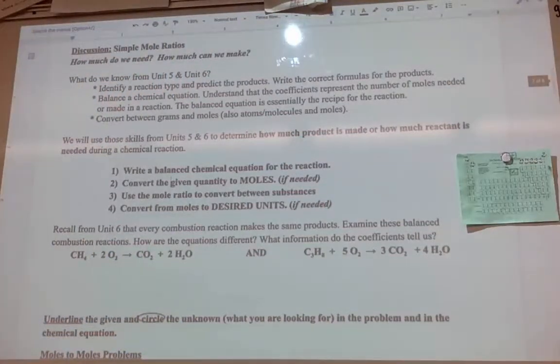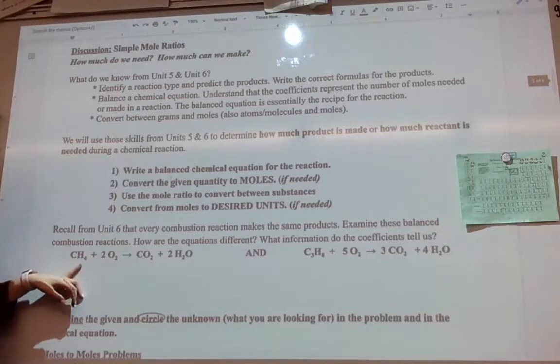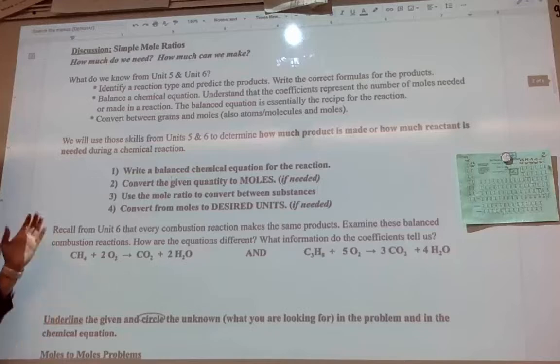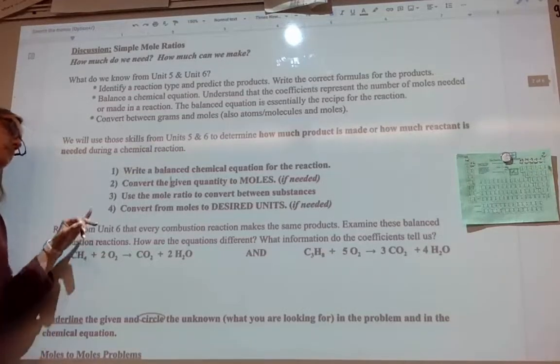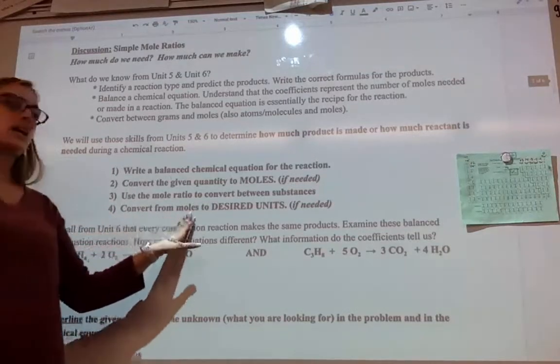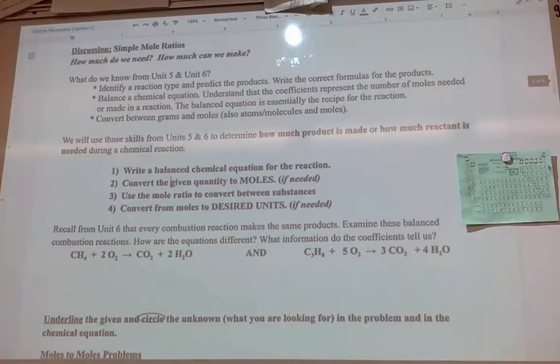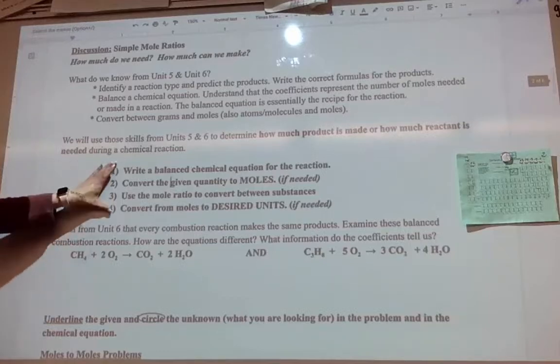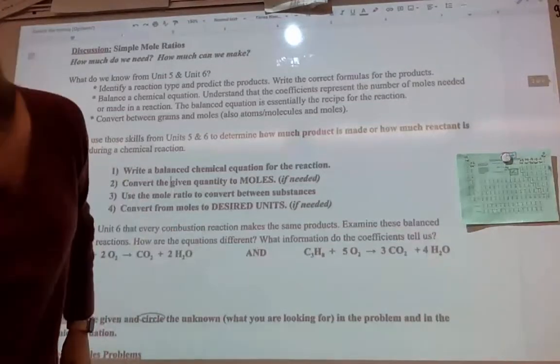Now we're looking at how we could go between substances. So if I ask you, if you burn 12 grams of methane in the lab, how much carbon dioxide are you producing? That's a stoichiometry problem. You're going from one substance to another. And then lastly, if the problem wants something other than moles, you have to convert back out of moles. So these are the 4 steps we're going to use every single time. As we go through these examples, I'm going to come back to these 4 steps every time.